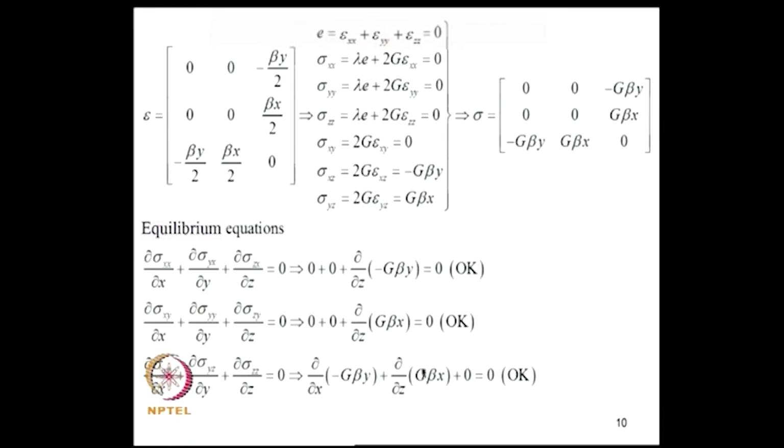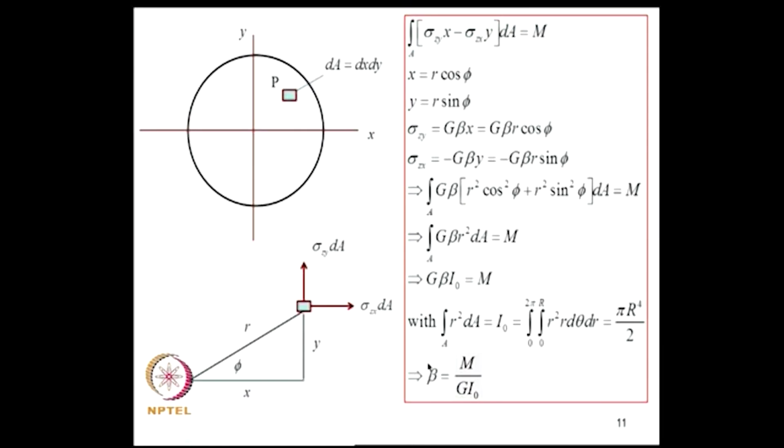So, at the end of this we have satisfied the strain displacement relations, stress strain relations and equilibrium conditions. Beta is still unknown. So, we need to now impose boundary conditions and determine beta. To find that we now consider the boundaries z equal to 0 and z equal to L, and on those faces we know that there is a moment M acting.